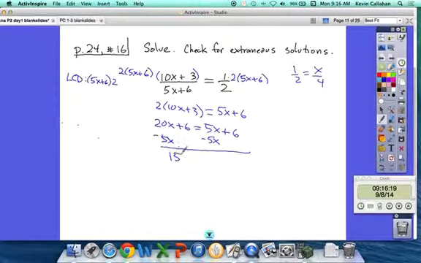So I got 15x plus 6 equals 6. Then subtract 6. So 15x equals 0. x equals 0.